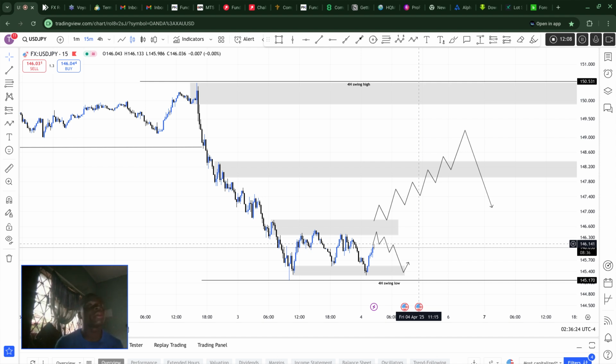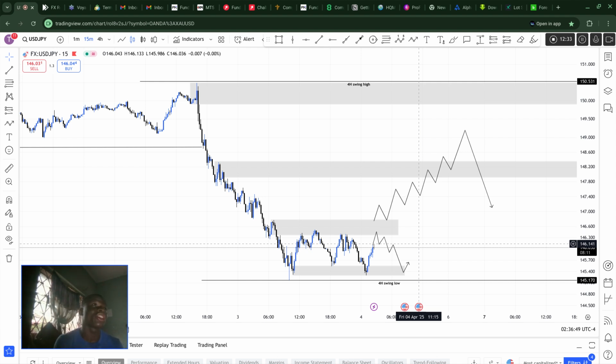Now, if we go to the 15-minute time frame, what are we looking for? We're looking for the same thing. If the market starts pulling back on the four-hour, it means M15 is switching bullish or bearish, and that's supposed to be the case.